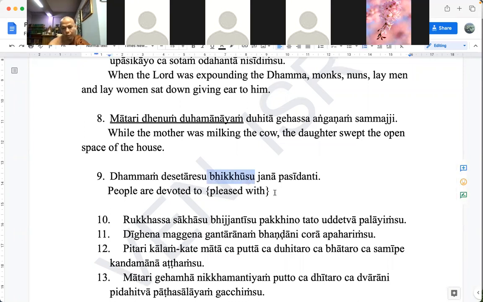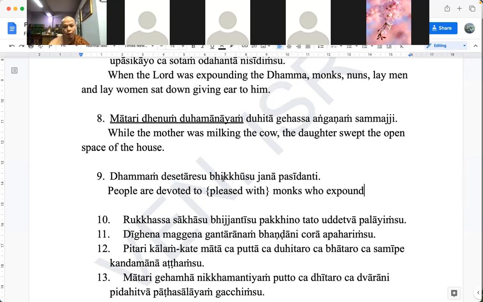So bhikkhusu, pleased with monks. And that bhikkhusu is modified by desitarisu. Desitarisu is from desetar, to the desi base tar is added. So that is, who has found, who has found?